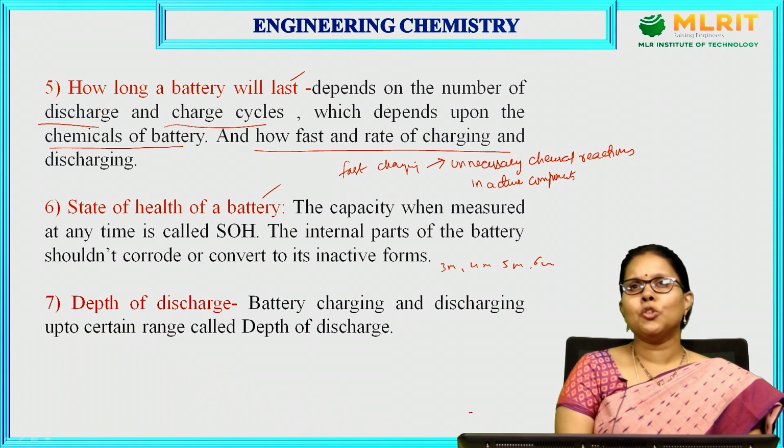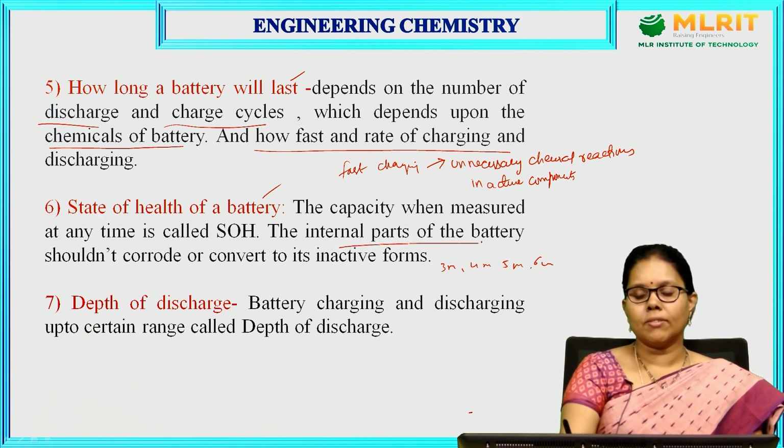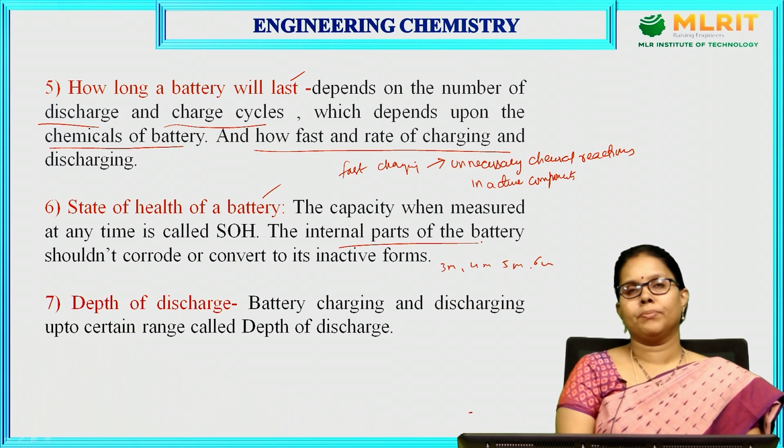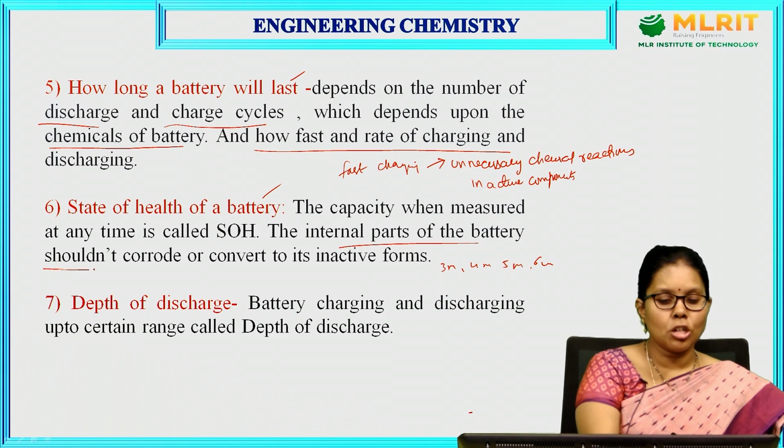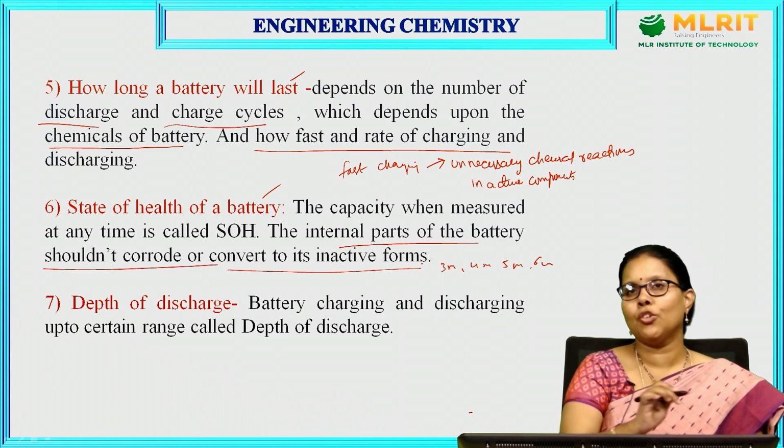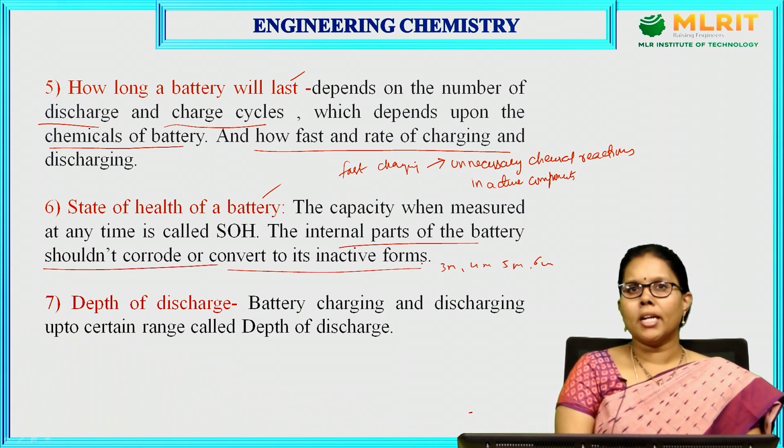Due to fast charging or fast discharging, unnecessary chemical reactions may corrode the internal parts of the battery. If the internal parts are not corroded, the health of the battery is very good. So the internal parts of the battery should not be corroded or converted into inactive forms. In a good battery, the internal parts should not be corroded.